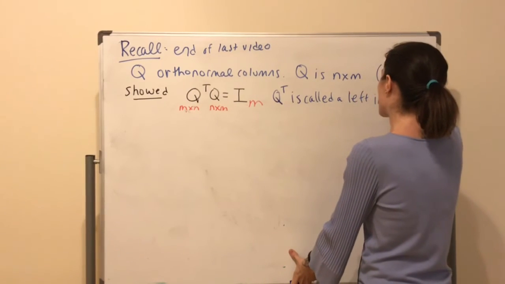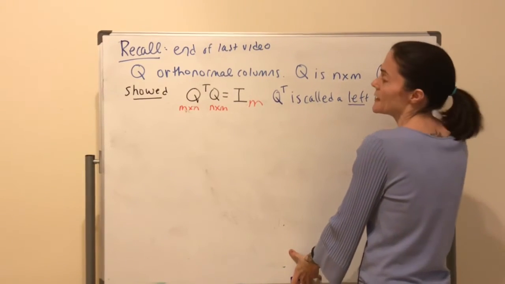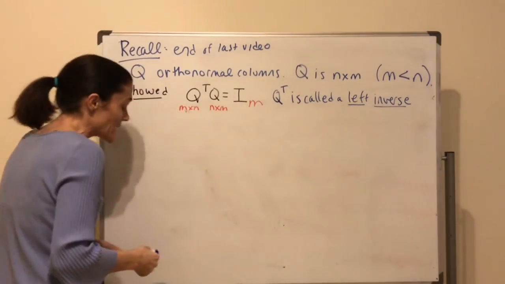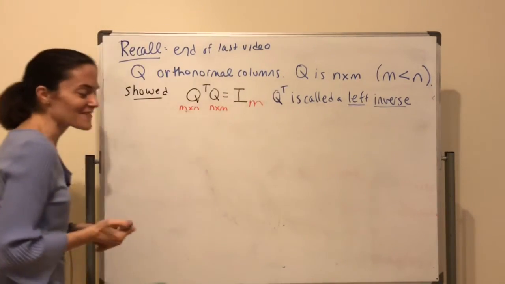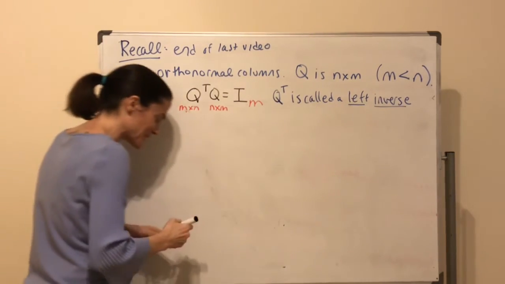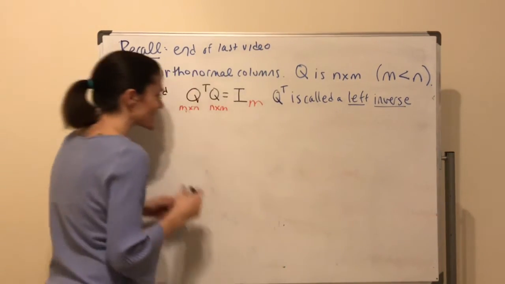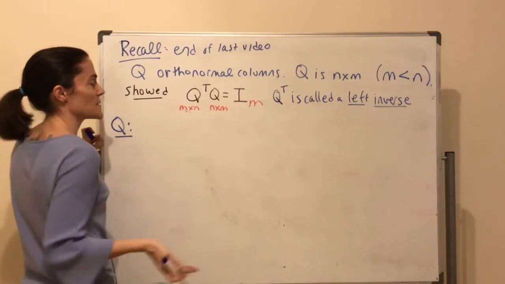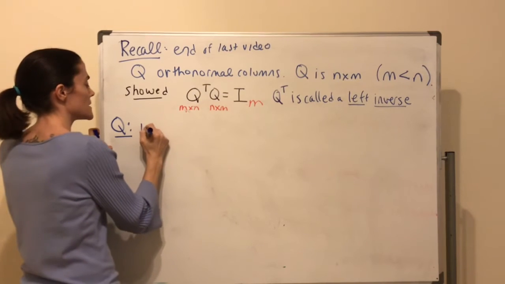But it is without a doubt not an inverse because Q is not square. Now, the question is, and this is what I want to talk about right now, which is super cool. The question, I'll do it in blue. I'm excited to share this with you because it relates to last time and things we have discussed today. The question is, what is this?